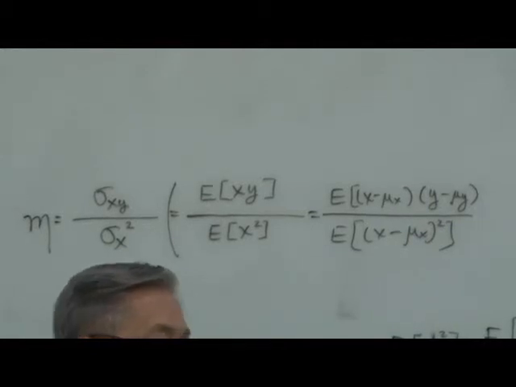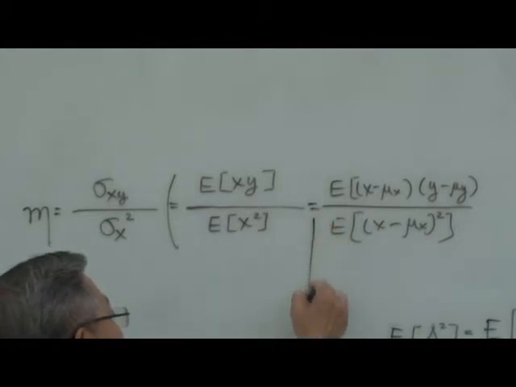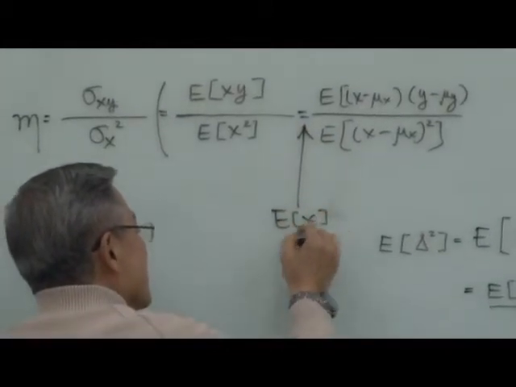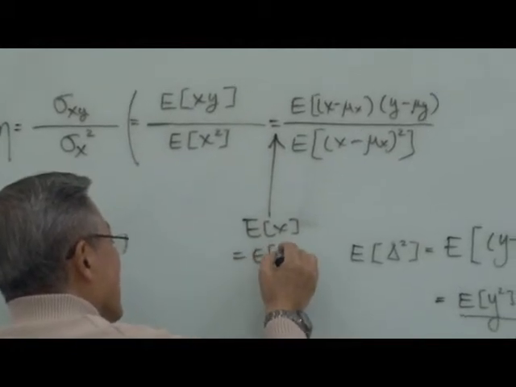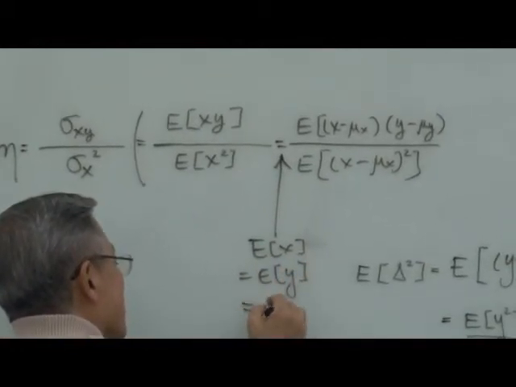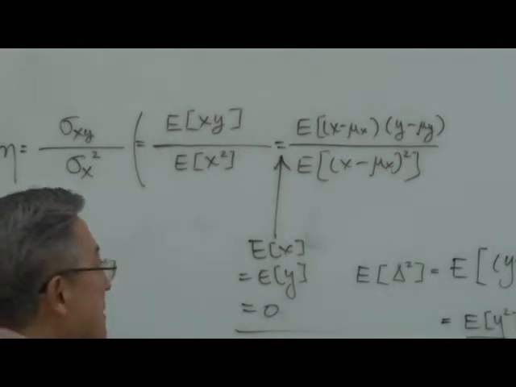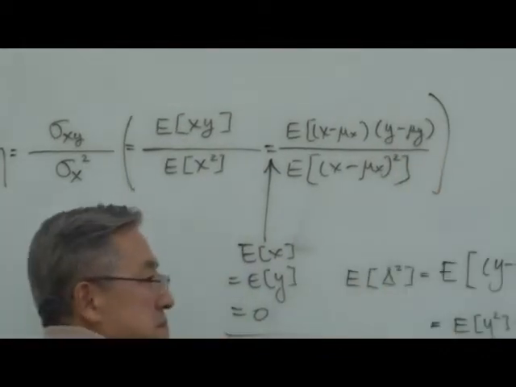I just wrote the same thing twice, but the reasoning here is E[x] and E[y] happen to be equal to 0, right? Otherwise it's going to differ like this.